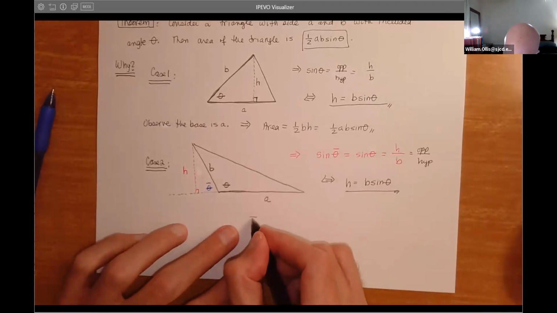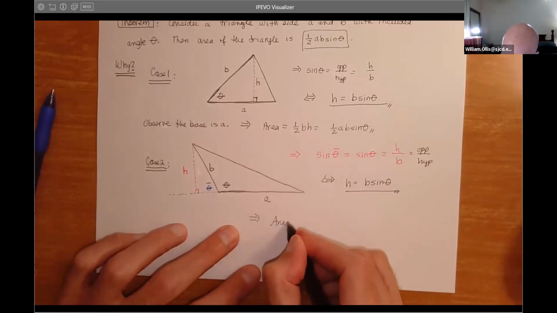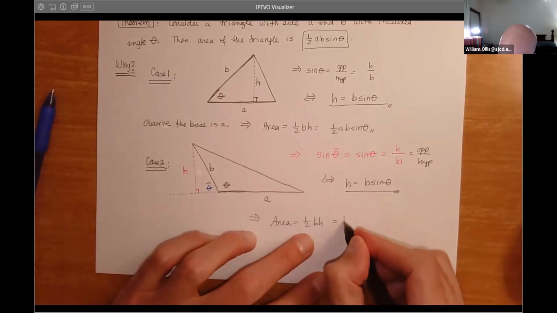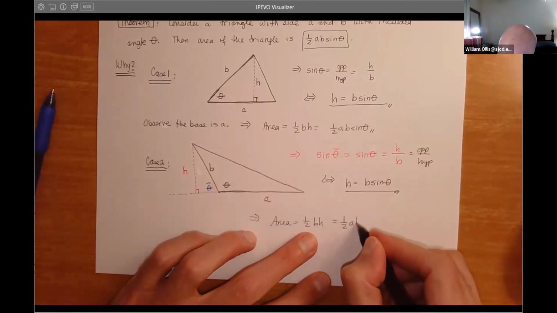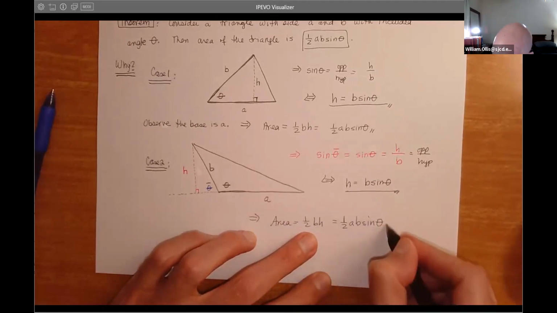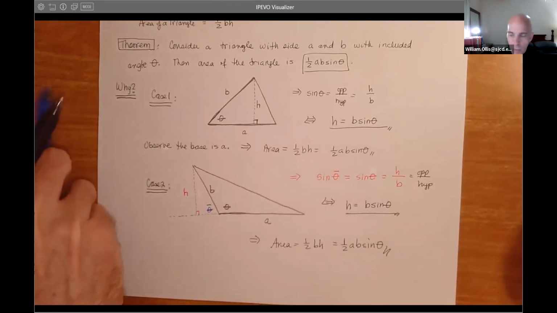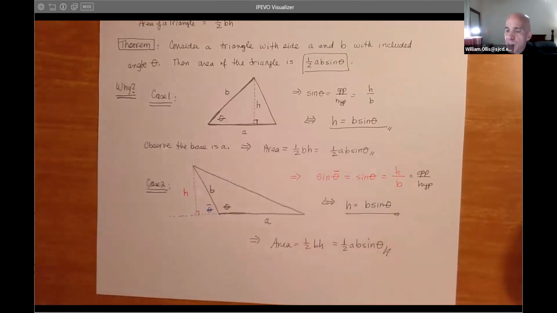So this implies, just like in the first case, that area equals 1/2 base times height, which is now 1/2 AB sine theta. So now we're thinking well, look at it this way. This is a much more user-friendly formula, isn't it? Because now when you're doing a physics problem or an engineering problem, if you take my colleague Nate Wiggins, if you take his engineering classes, this will come in very handy.